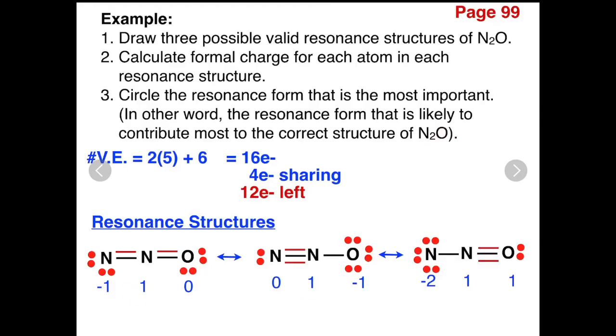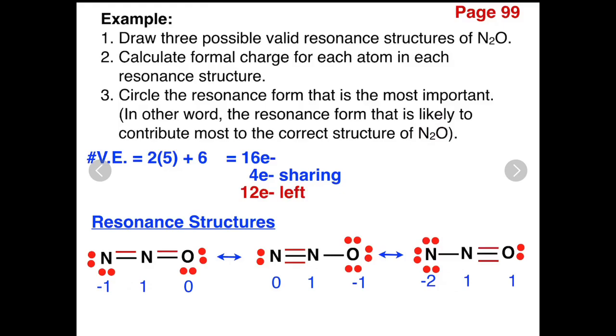However, one of them would be the most important, which is going to contribute most to the correct structure. That is where we use formal charge to find the best representative structure, as we mentioned in the previous video.